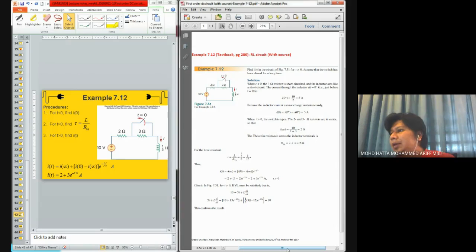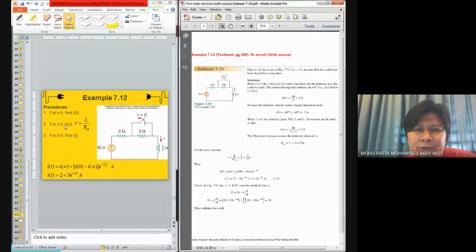All right. The idea of solving a first order circuit, either source-free or with step response, is always the same. It has 3 steps. The first one is finding your initial parameters at t less than 0.